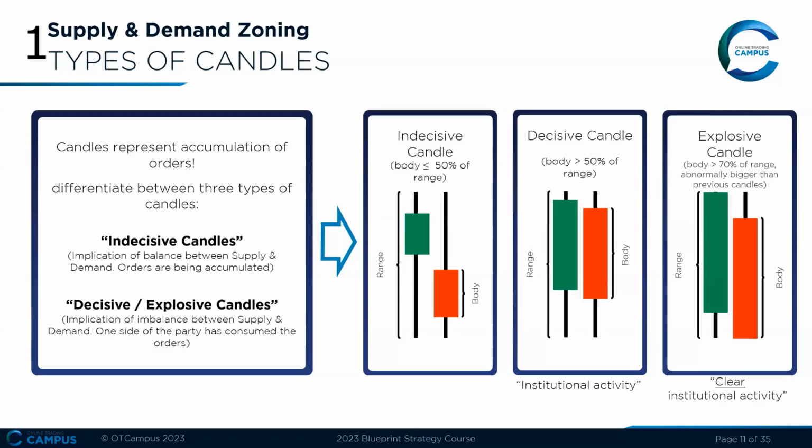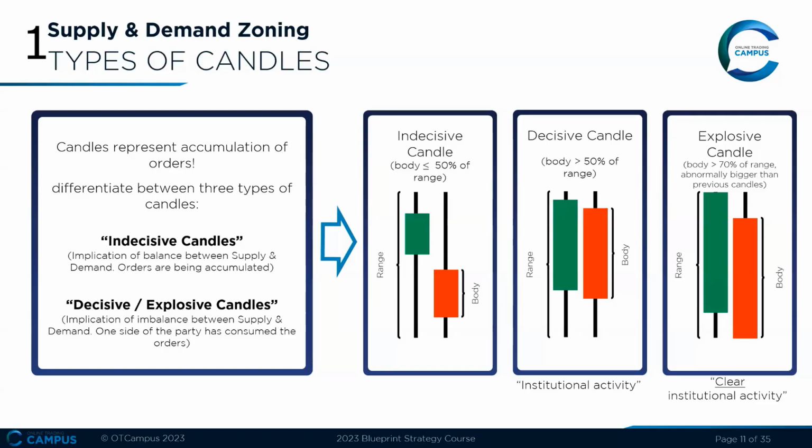What the decisive candles and explosive candles have in common versus the indecisive candles is that they imply an imbalance. They imply institutional activity. Explosive candles imply clear institutional activity. So the larger the candles, we spoke about this in one of the prior lessons, we could see these really large candles within our price chart.